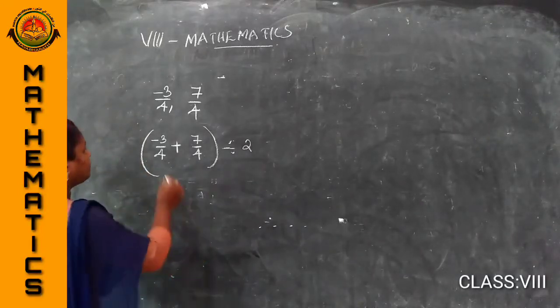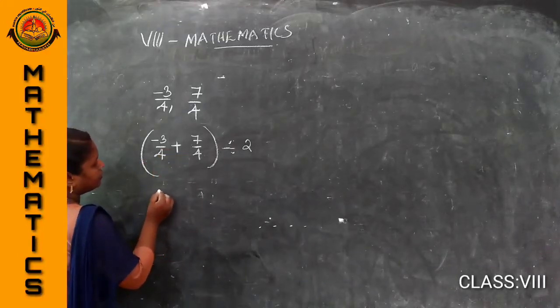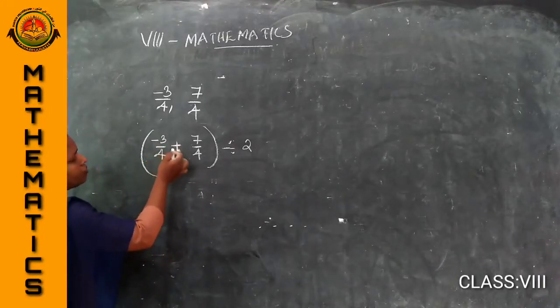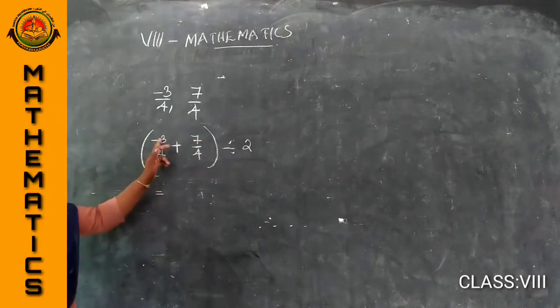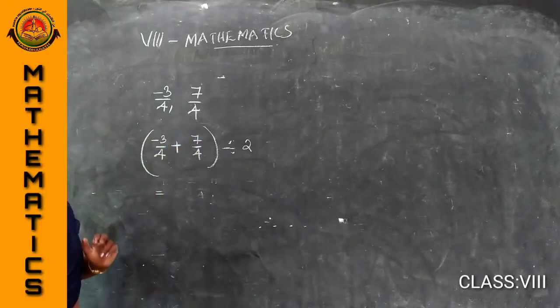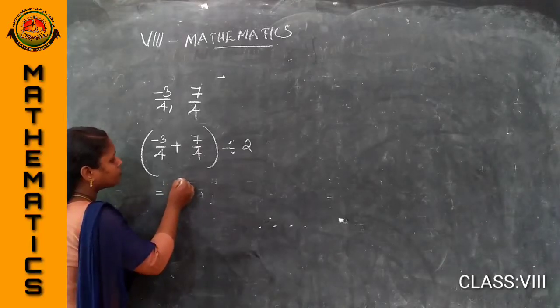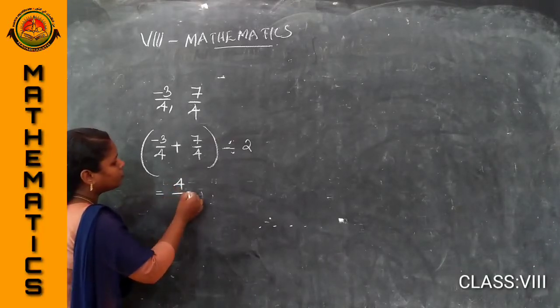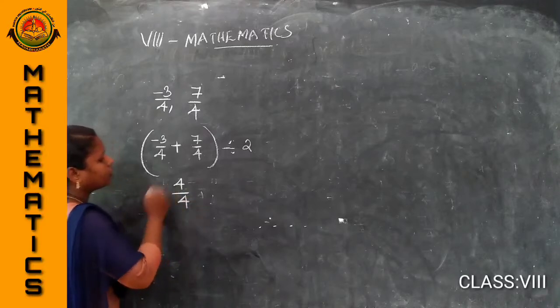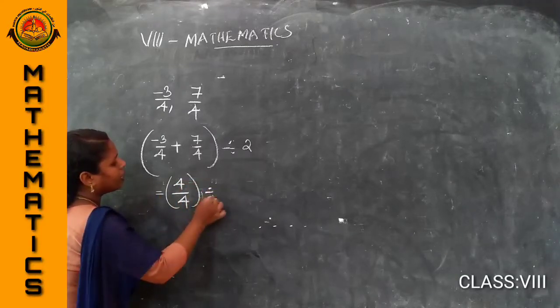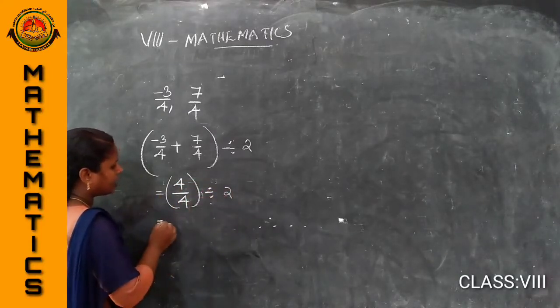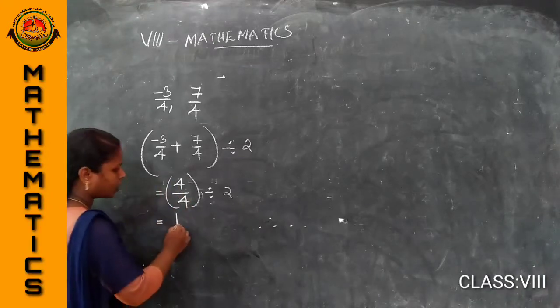Negative 3 by 4 plus 7 by 4. Negative 3 plus 7 is 4, so we get 4 by 4, which is the same as 1.